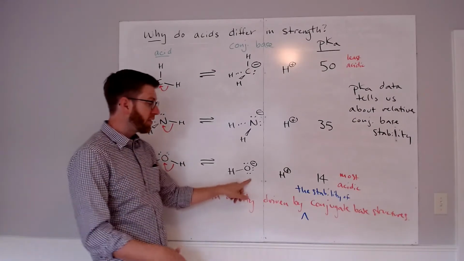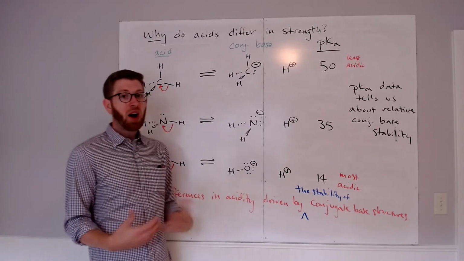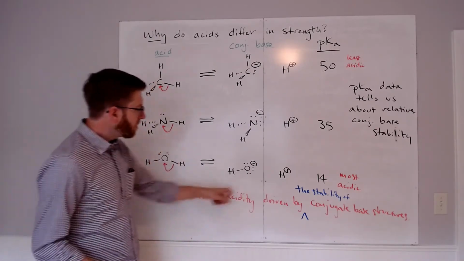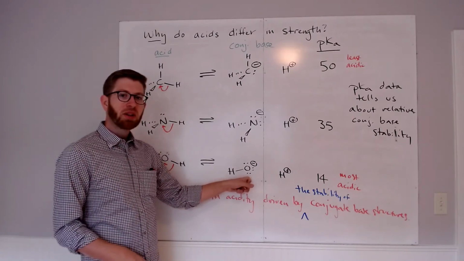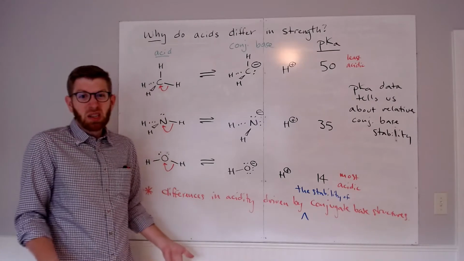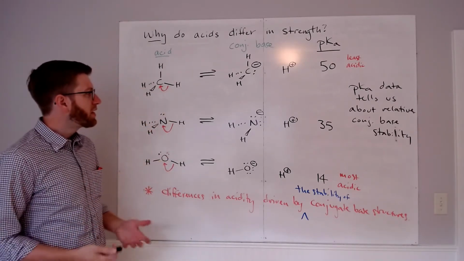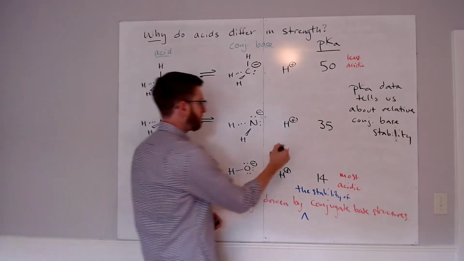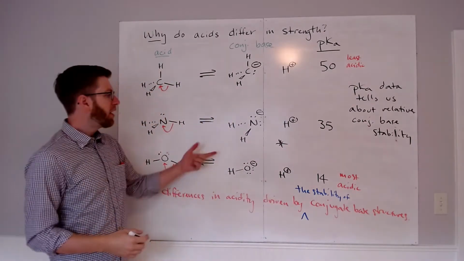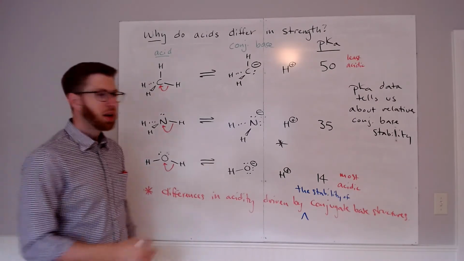On the other hand, oxygen is much more electronegative, which is another way of saying oxygen does a great job of stabilizing electrons. So if we're actually building up electron density on oxygen to become the conjugate base, that's okay, because oxygen is able to deal with it. And this is because of electronegativity. So one thing that we could say here is that the more electronegative the element that's gaining a lone pair here, the more stabilized the conjugate base.